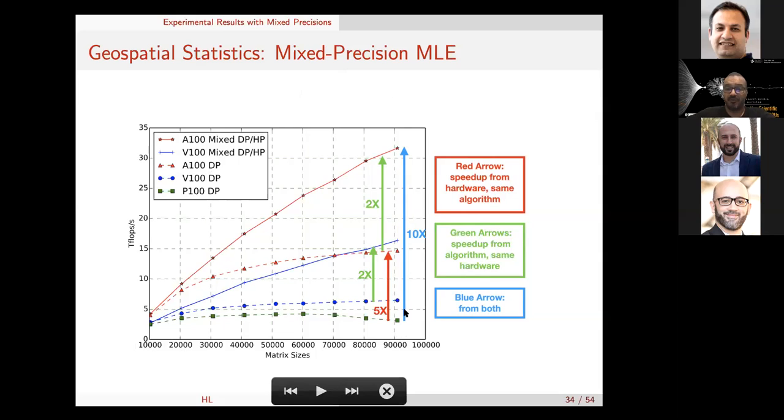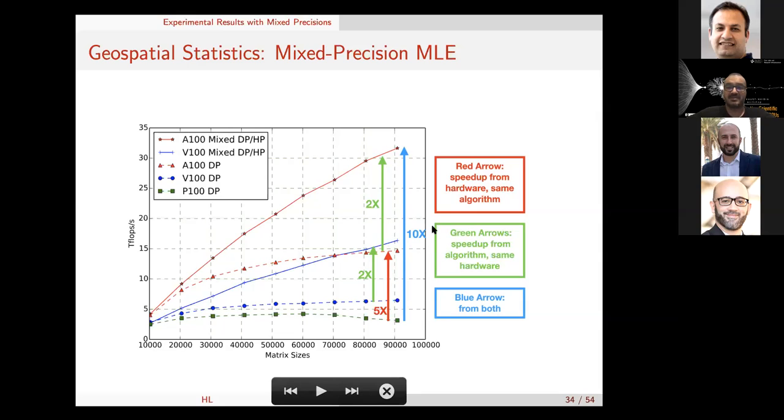And if you combine both, you get a huge performance improvement between running on P100, which supports double precision and single precision, but we had to run double precision to satisfy the application accuracy, to A100, which provides mixed precision with hardware support in half and gives us the same accuracy level for the application requirement.